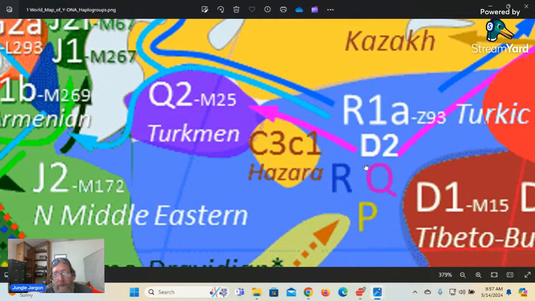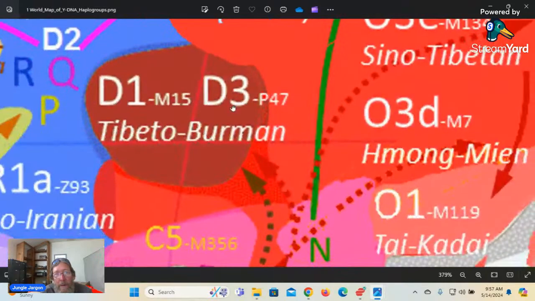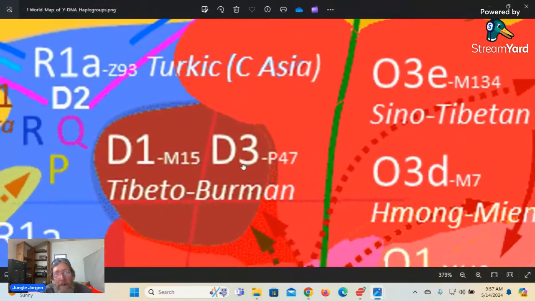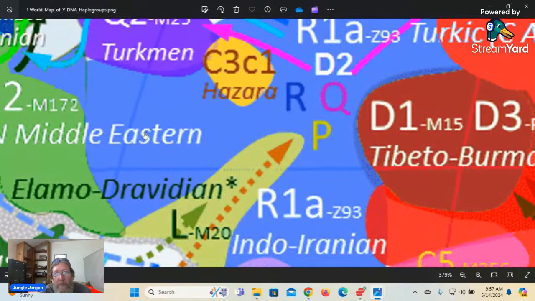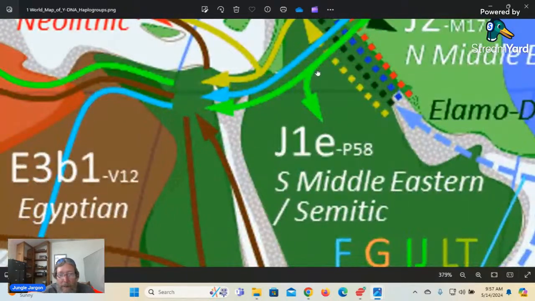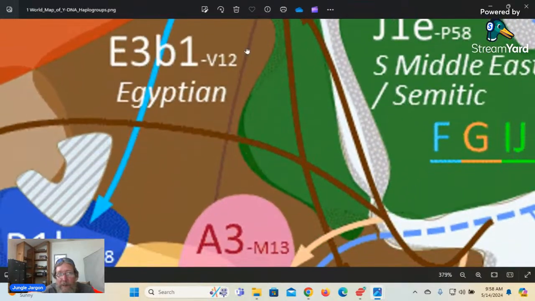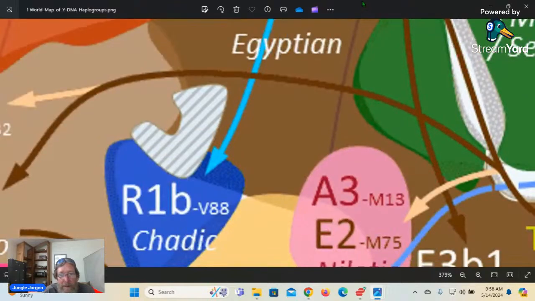You have the tribe of Sinim here in China, and Sinim is D, which is compatible not with the C lineage, because the C lineage is separate, but it is compatible with the E2 lineage, which you're probably not going to see here.